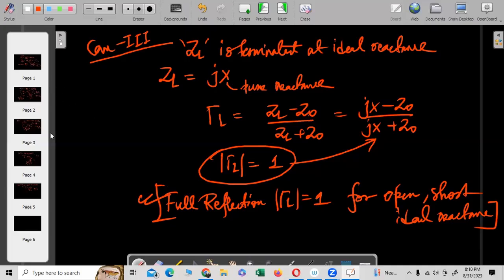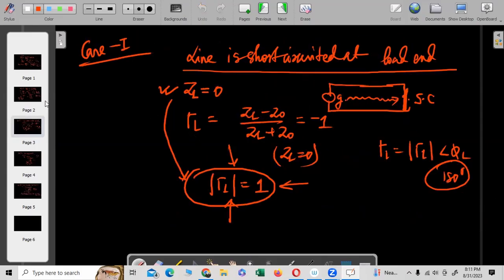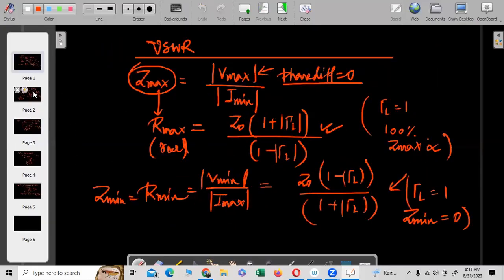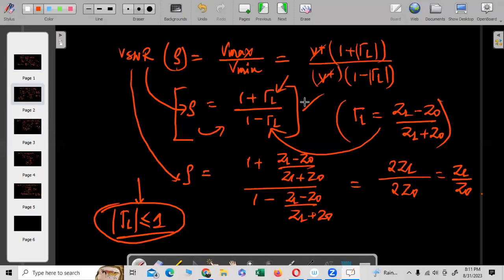What is the VSWR formula? It is not in the notes, but you can easily place the value where I have written it. In all the cases the mod of gamma L is 1, so VSWR is infinite. That is the beauty.